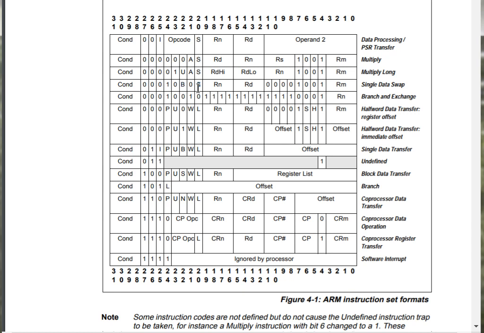A lot is being crammed into just 32 bits. And one of the interesting points of ISA design is the way in which we make the most out of the limited bits in an instruction.